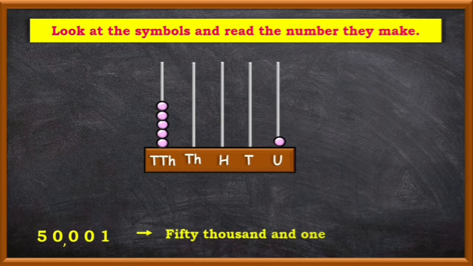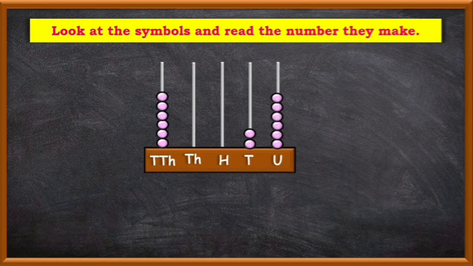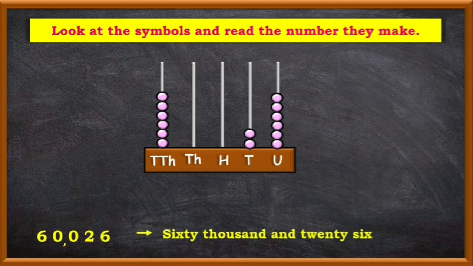Now here we have 6 beads in 10,000s place, 0 bead in thousands place, 0 bead in hundreds place, 2 beads in tens place, and 6 beads in units place. So this number is read as 60,026.